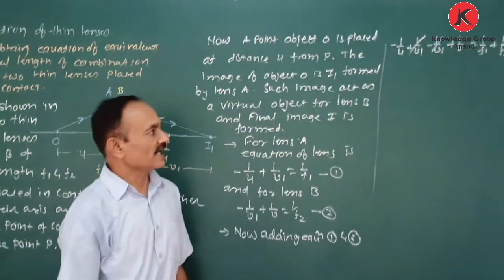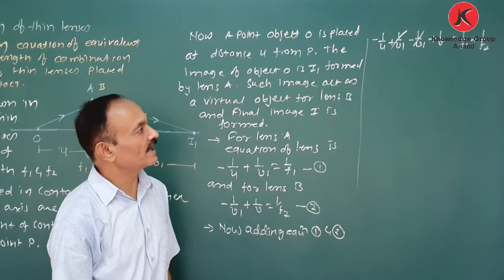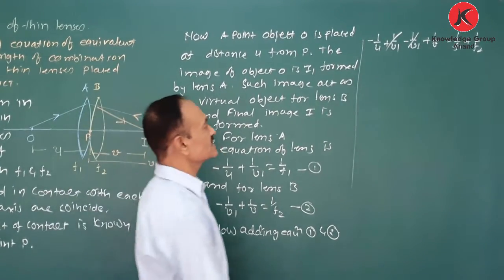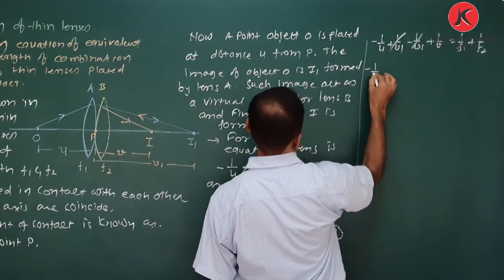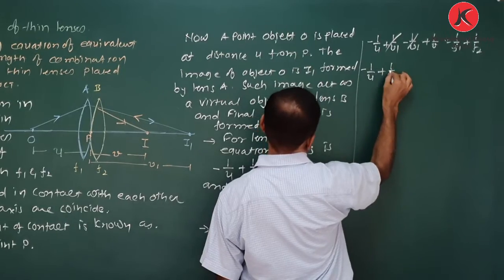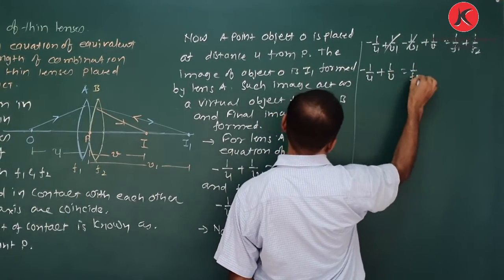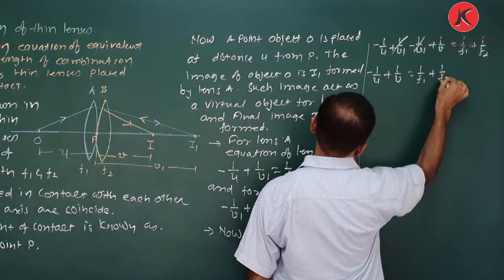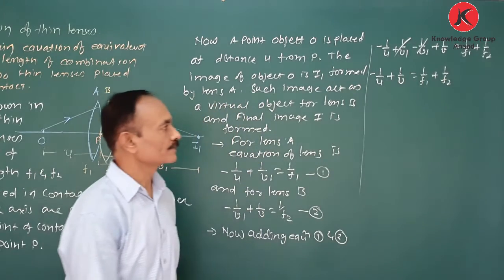Now, the second and third terms, 1 upon v1 minus 1 upon v1, cancel. Therefore, minus 1 upon u plus 1 upon v is equal to 1 upon f1 plus 1 upon f2.